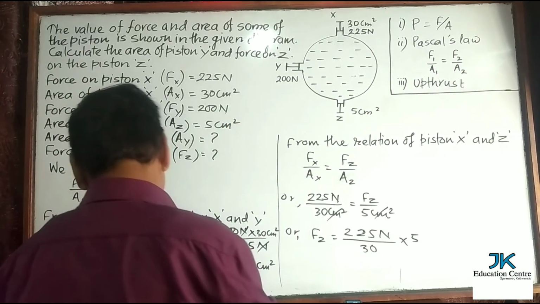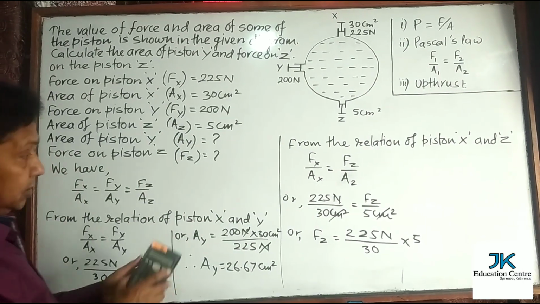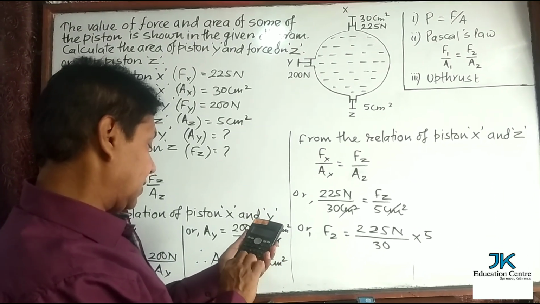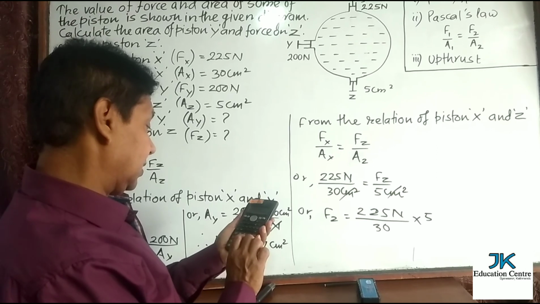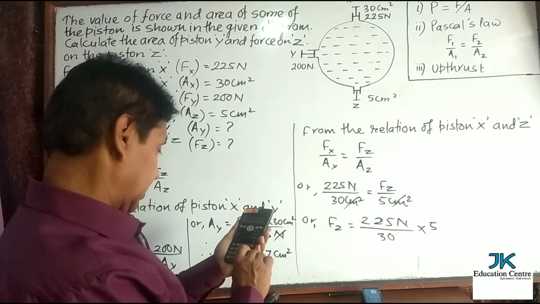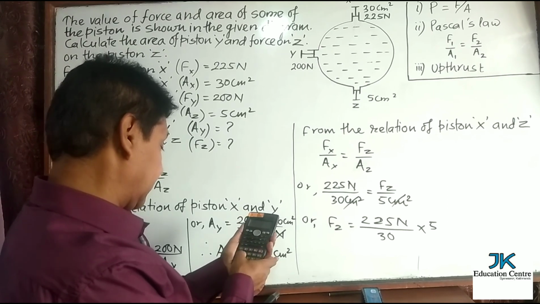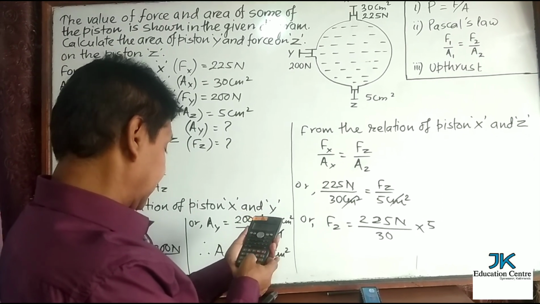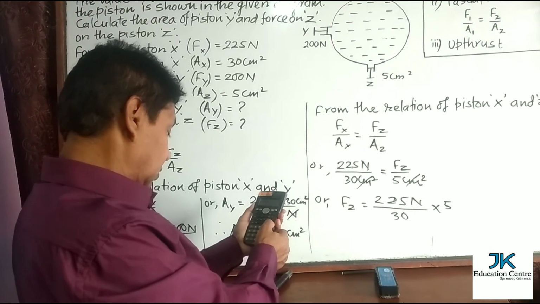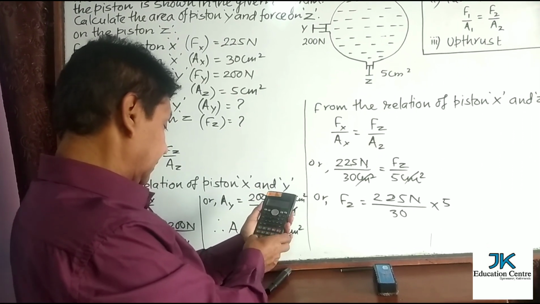Now we can use the calculator again. 225 multiplied by 5 is 1125, divided by 30.